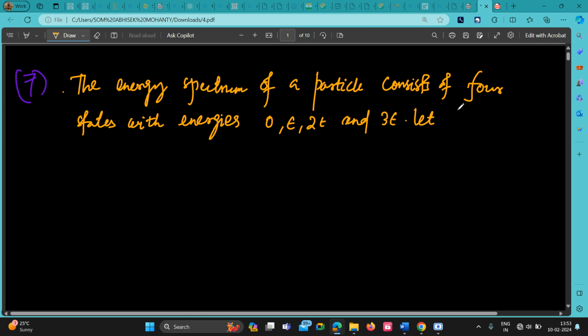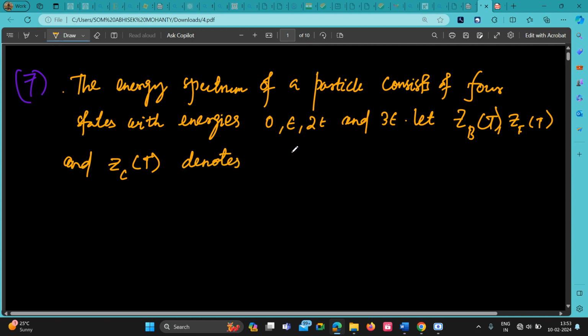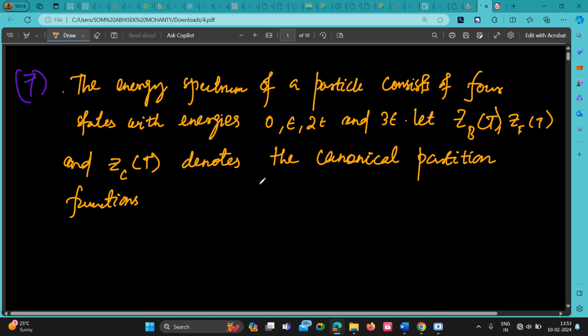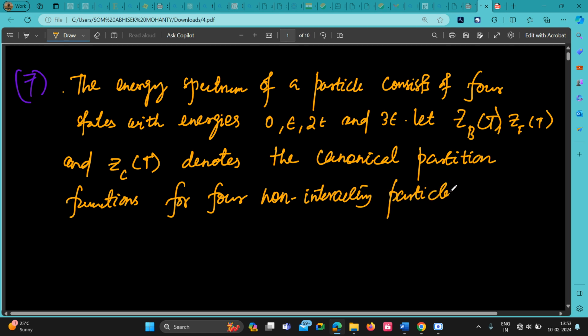Let Z_B(T), Z_F(T), and Z_C(T) denote the canonical partition functions for four non-interacting particles at a temperature T. The same type of question we have done, but with a different twist.